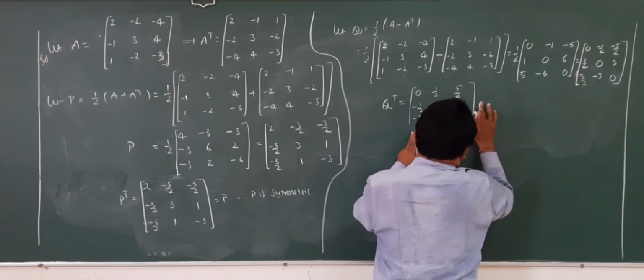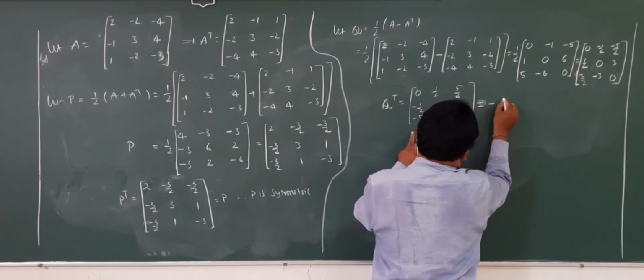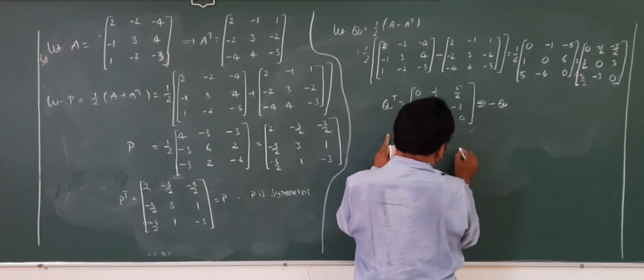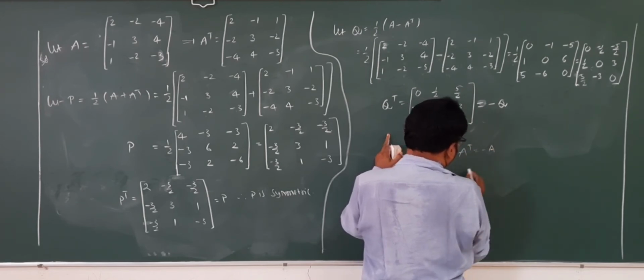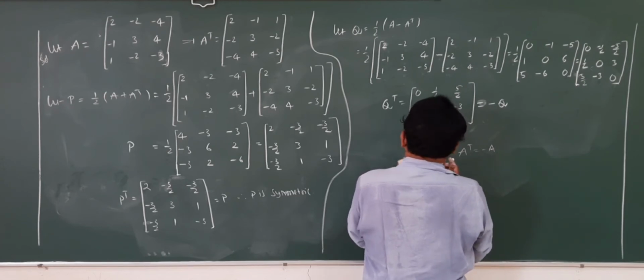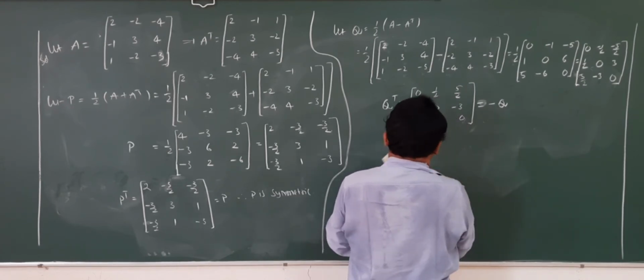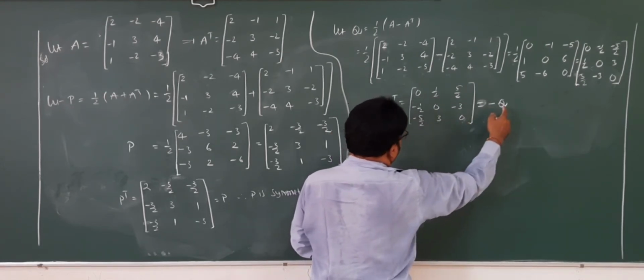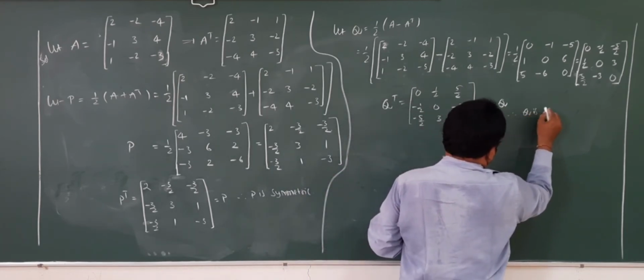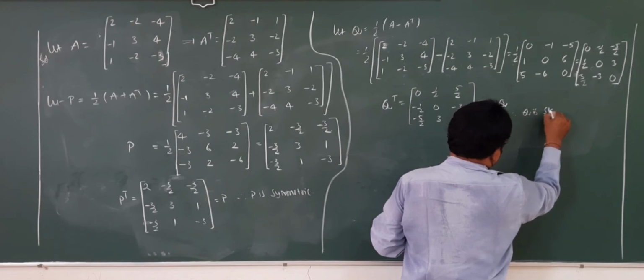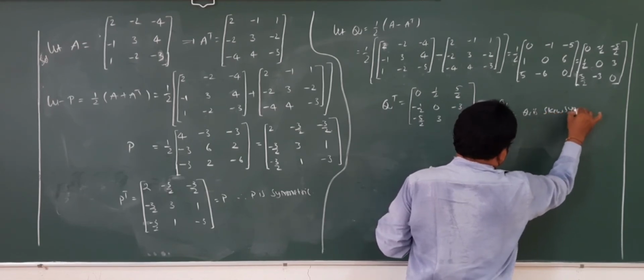Negative of this matrix. That means Q transpose equal to minus Q. So any matrix A with A transpose equal to minus A is called skew symmetric. Here Q is also a skew symmetric matrix, because Q transpose equals minus Q. Therefore, Q is skew symmetric.